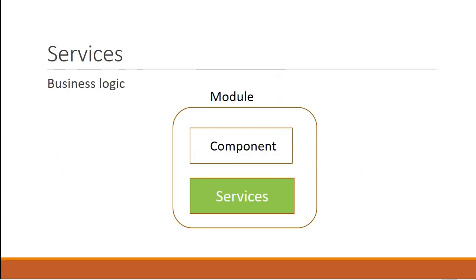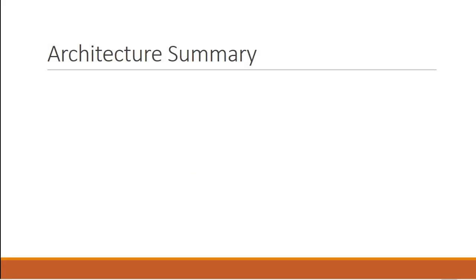A module will also have services, which is basically a class that contains the business logic of your application. In addition to components and services, a module can contain a few more pieces of your Angular application, but for now, components and services will be something we will be focusing on a lot in the series. So to summarize this architecture, Angular apps contain one or more modules.